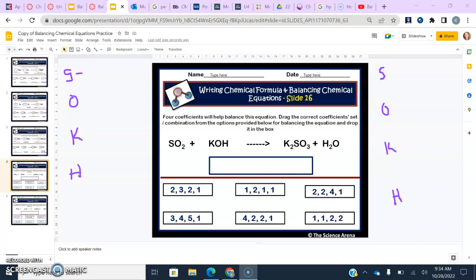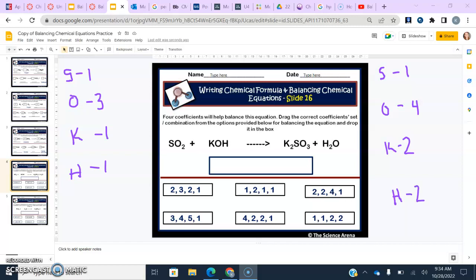So we've got 1 sulfur on the left. We've got 1 sulfur on the right. We have 2, 3 oxygen on the left. And we have 3, 4 oxygen on the right. Then we have 1 potassium on the left, 2 potassium on the right, 1 hydrogen on the left, and 2 hydrogen on the right.